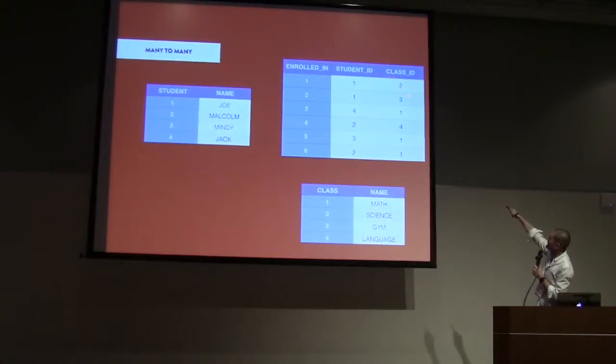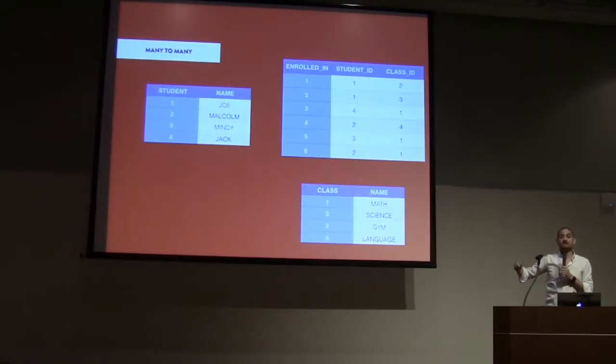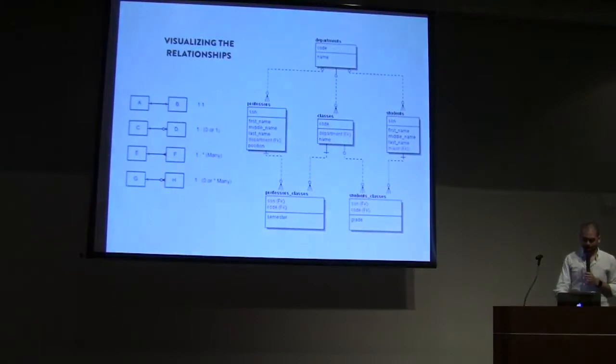Student 1 is in class ID 2, student 1 is also in class ID 3. And what that allows you to do is have 0 to many classes. So all of a sudden, a student can be in 0, 1, 2, 5, 7, 10 classes. That's breaking it out, and that's creating a relationship table respective of the cardinality, the many-to-many relationship.